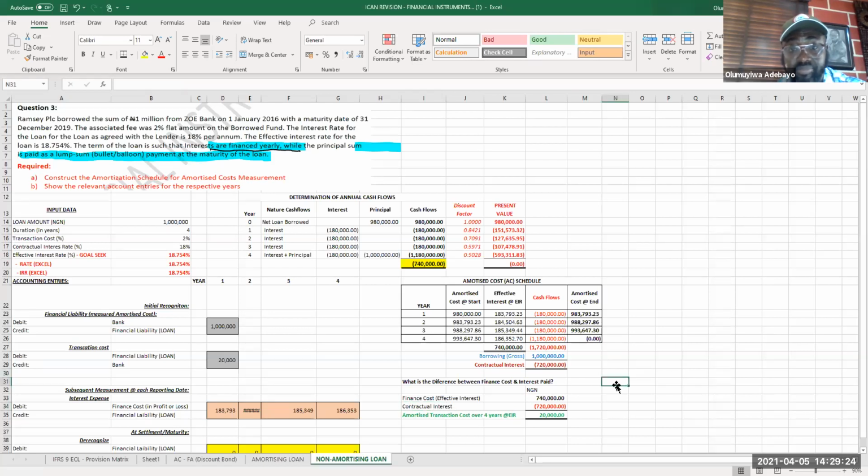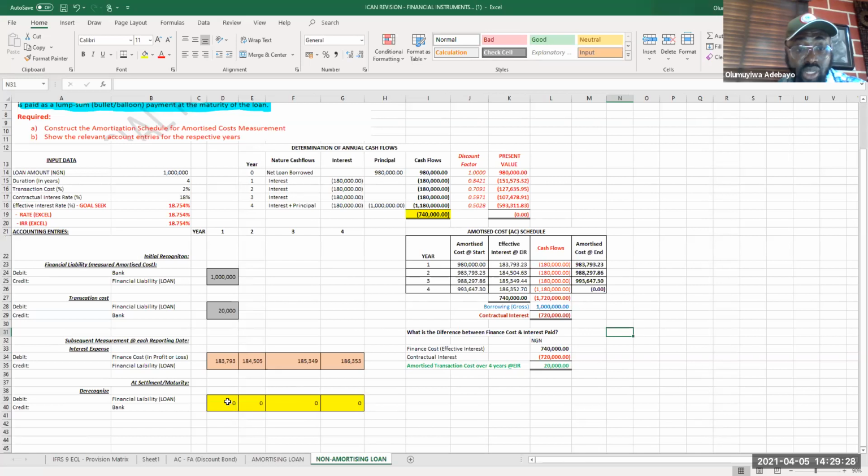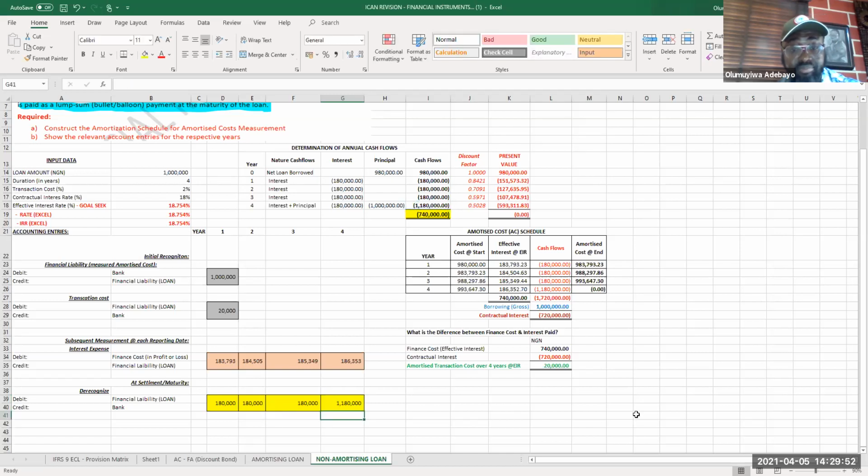Okay. And invariably, what are my cash flows each year? Only interest I pay back in the first 3 years. While in the last year, which is the 4th year, I pay back interest, contractual interest and principal.